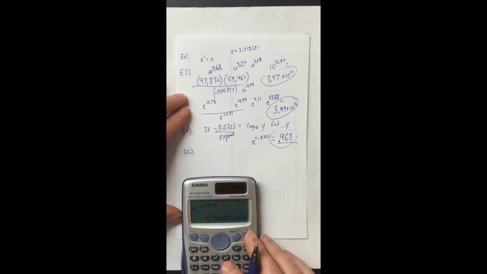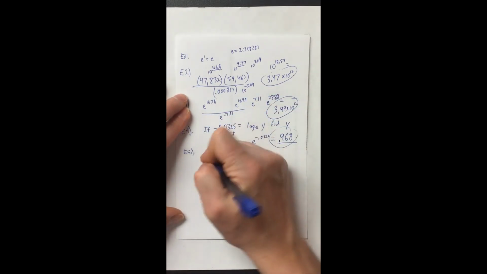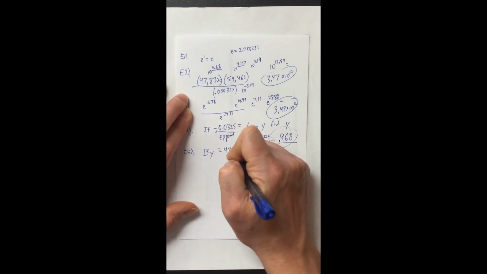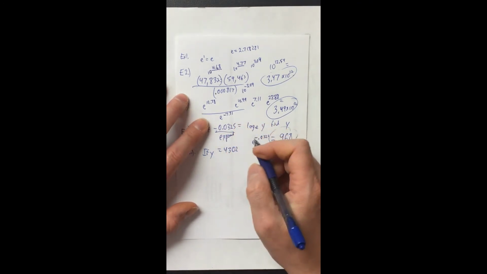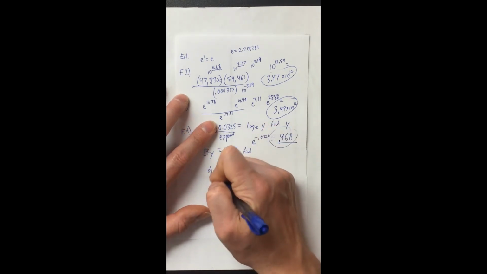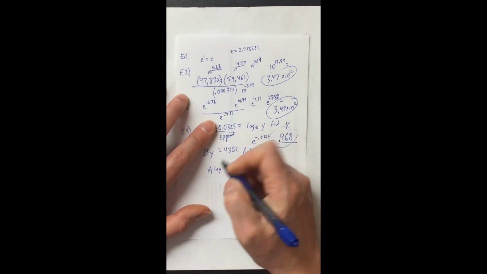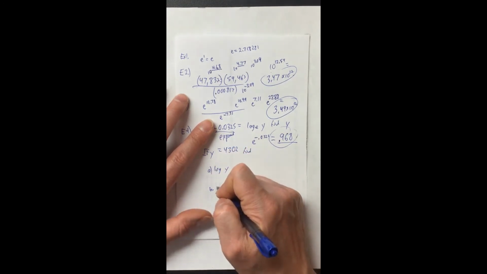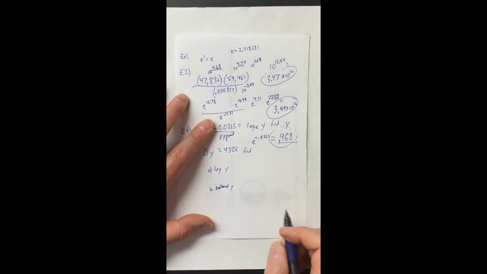All right, let's look at example 5. In example 5 here, it says if y is equal to 4302, find a, log of y, and then b, natural logarithm of y.